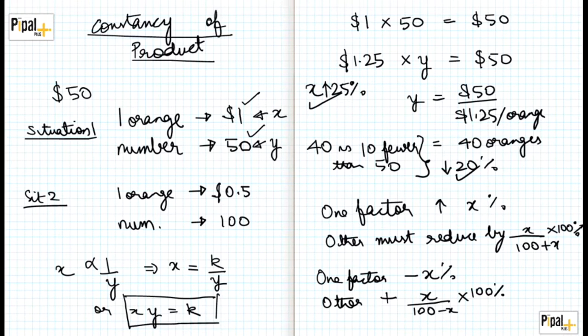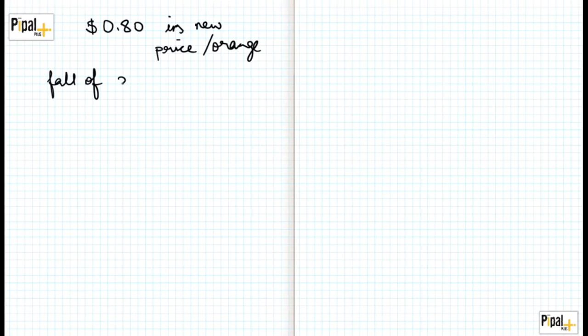So let's take an example. If the price per orange has to fall to 80 cents, so $0.8 is the new price per orange, this is a fall of 20% over the original price of $1, right?